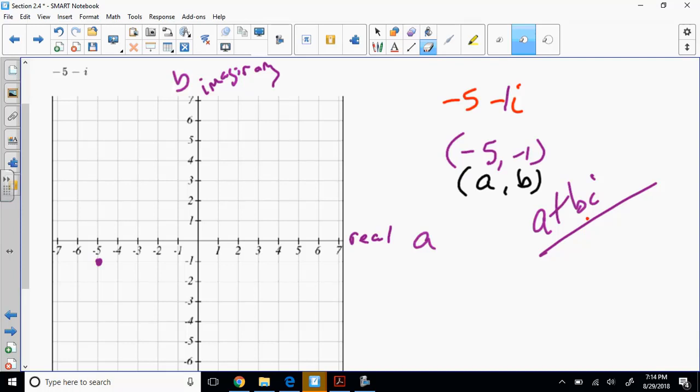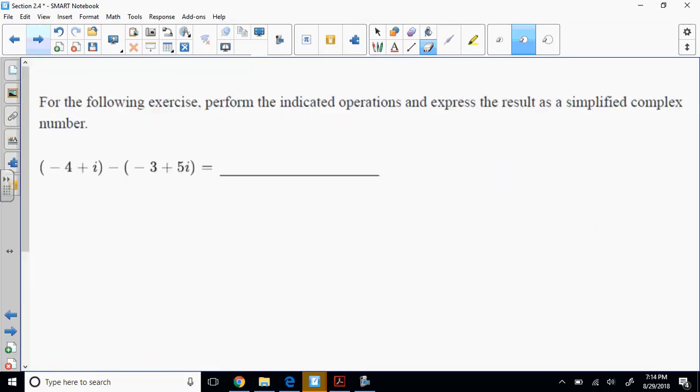Good question, though. All right, so for the following exercises, perform the indicated operation and express the result as a simplified complex number. Now, when you go to subtract these or add these, you do like terms. You understand like terms. So, here we go.